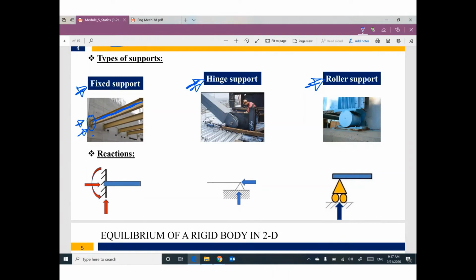In our course, we will represent fixed as this shape: a vertical line with hatching like this, and here is the beam. So in our problems, if you find this shape, you need to understand that this support is called fixed. If you find a fixed support, that means we have three reactions.